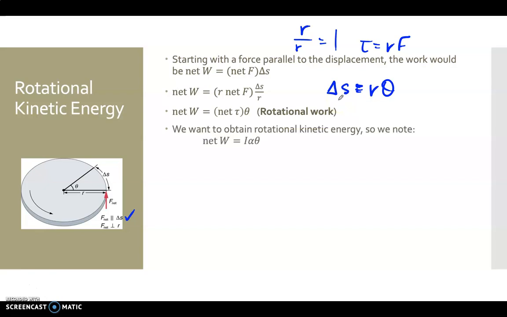If we want to obtain rotational kinetic energy, we need to note that our rotational work is also equal to I times alpha times theta. Remember that the net torque we looked at before is equal to our inertia times our angular acceleration.